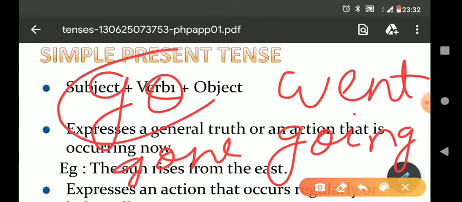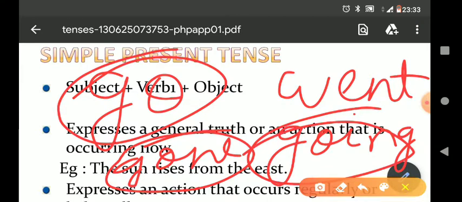So v1 is go here. Every verb has four forms. v1 is used in present tense, v2 is used in past tense, v3, that is gone here, is used in perfect tenses, and v4 is used in continuous tenses, which shows you that the action is continuing.